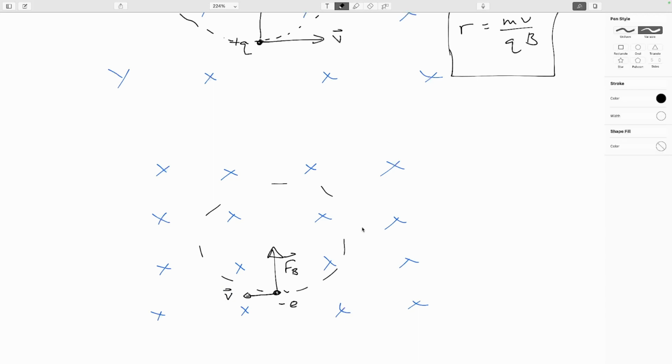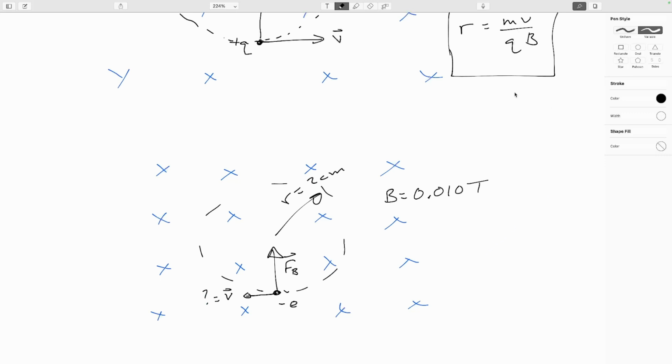Let's say we measure the radius that our electron goes as 2 centimeters. So a 4 centimeter diameter circle, kind of typical. Let's say we have this sitting in a 10 millitesla magnetic field. That's a pretty reasonable lab field strength. And what we want to know is how fast is my electron going?